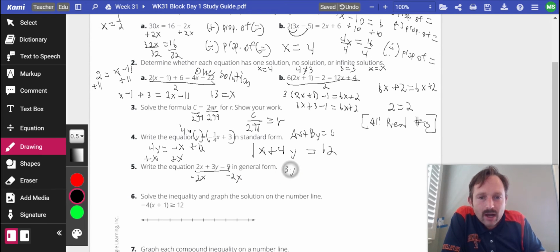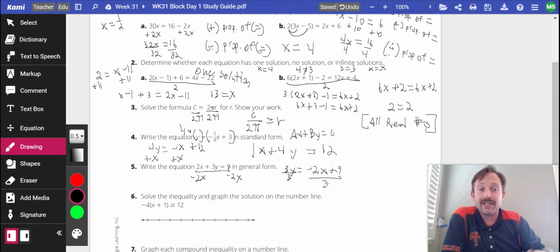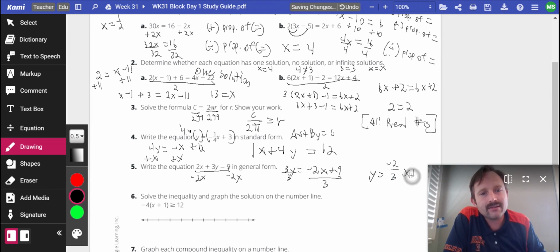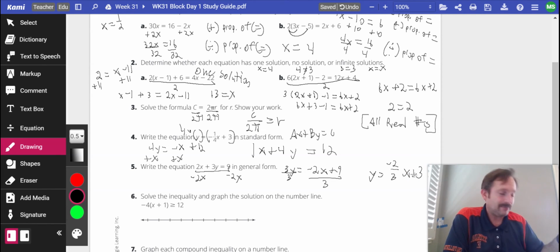So I get 3y is equal to negative 2x plus 9. Divide by 3, using the division property of equality. All right, when I divide by 3, I get y is equal to negative 2/3 x, and 9 divided by 3 is 3. All right, let's go on.